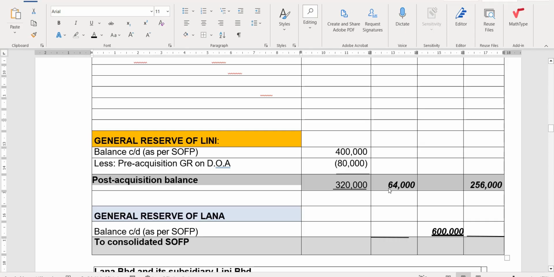This is 320,000 times the percentage acquired by NCI, which is 20%. And this one is for the acquisition by the parent, so 80%, that's how you get 256,000. Okay, that was for general reserve.